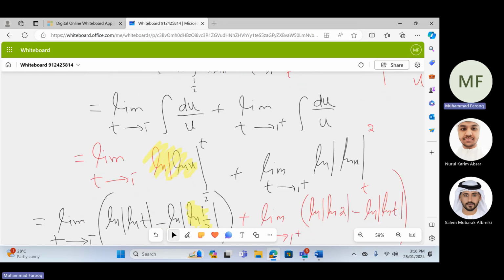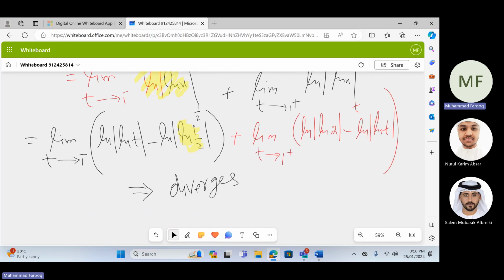When we put the limits here, we are not getting a proper number, so it's a divergence. If your answer gives you an infinity, undefined situation, it is divergence.